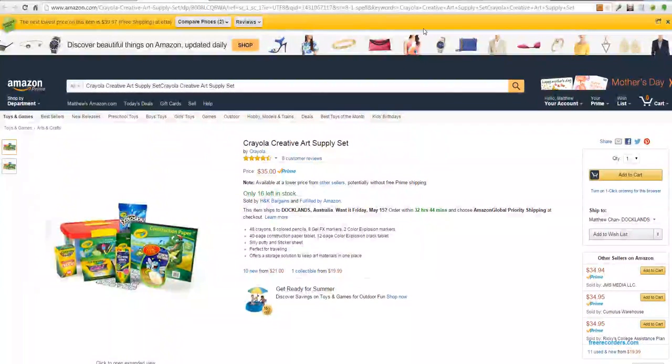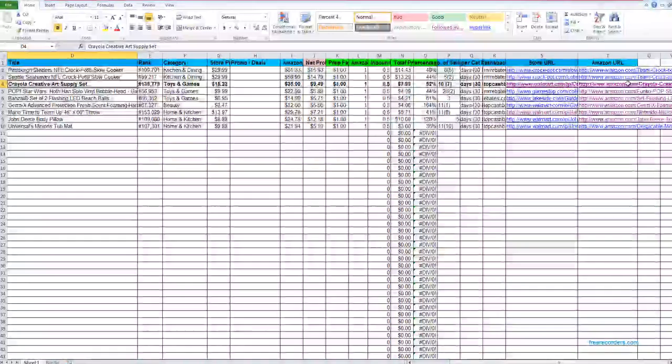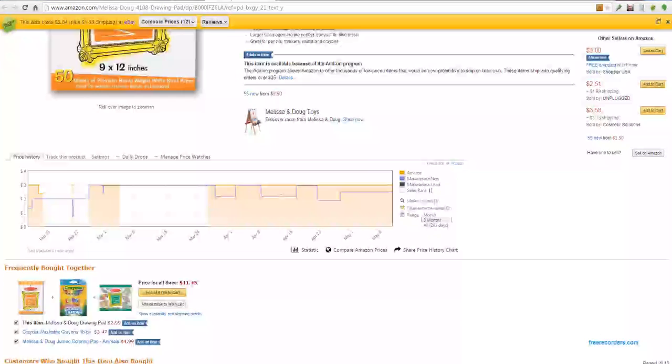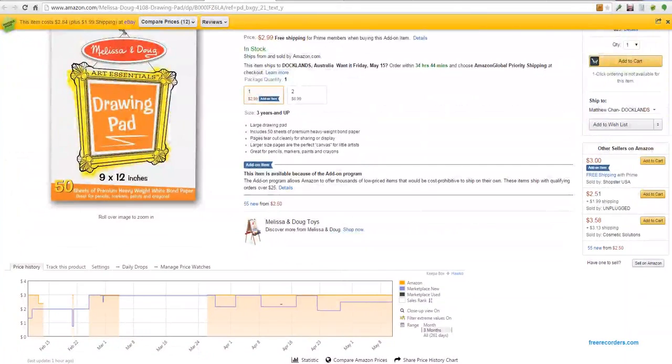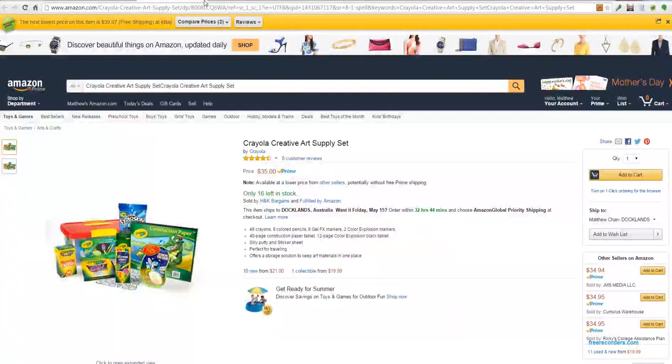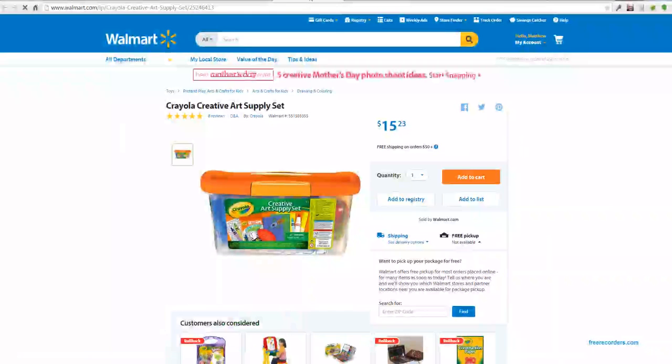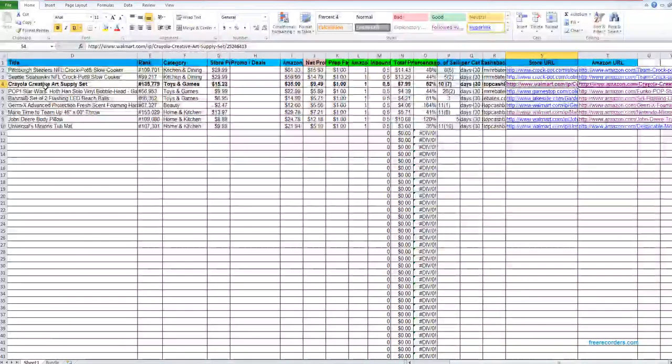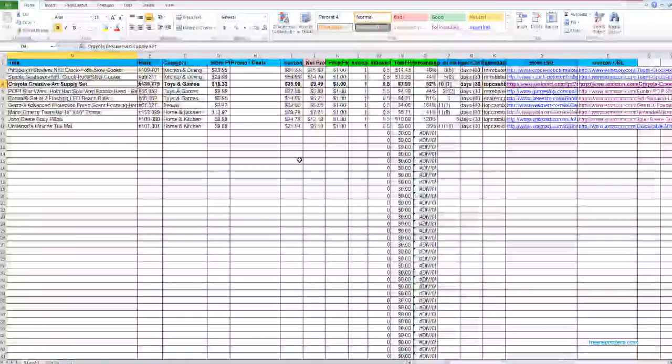So you've seen the art set, open the Walmart link, so yeah, it looks like a good deal. $35, purchase price $15.